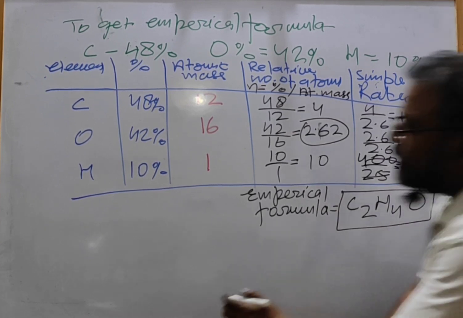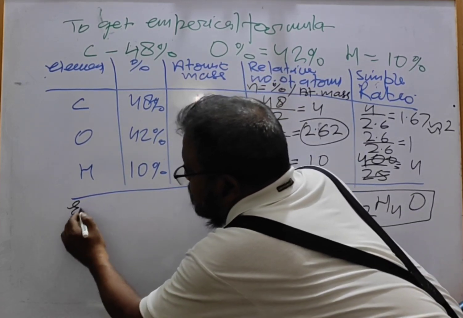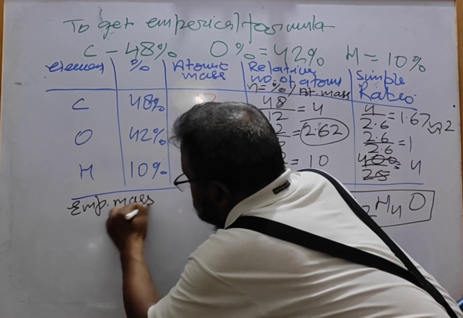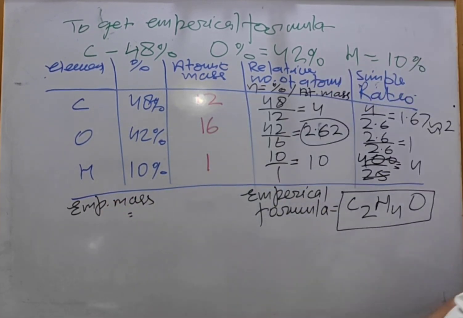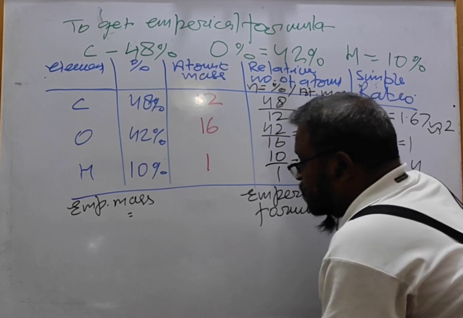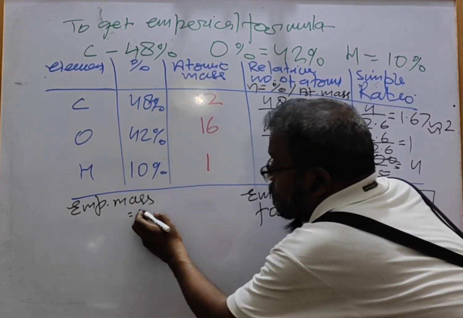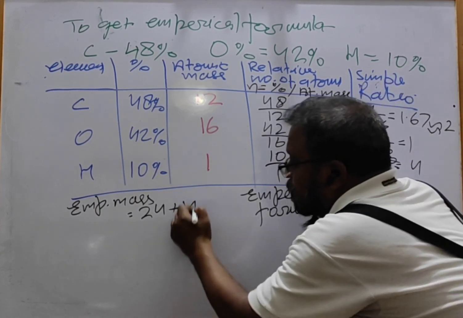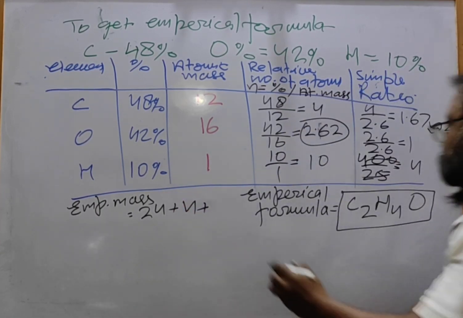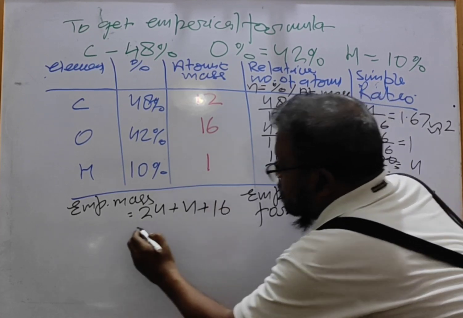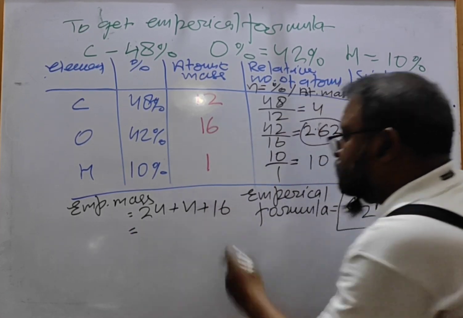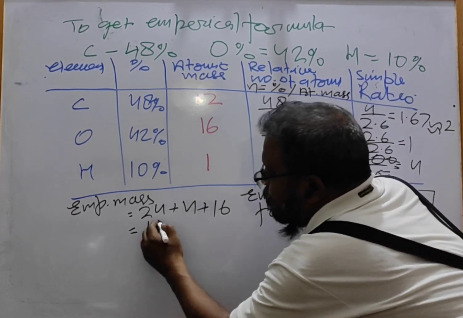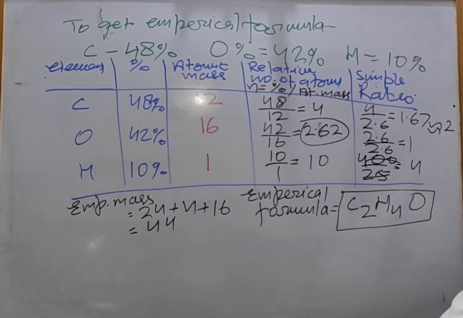So what will be the empirical mass? Empirical mass will be 12 2s are 24 plus 4 plus 16, right? It becomes 44, right?